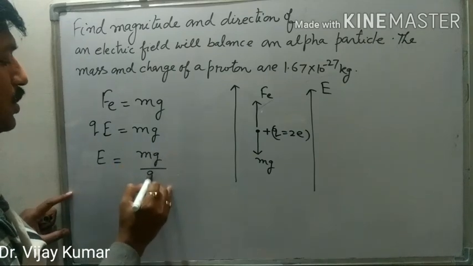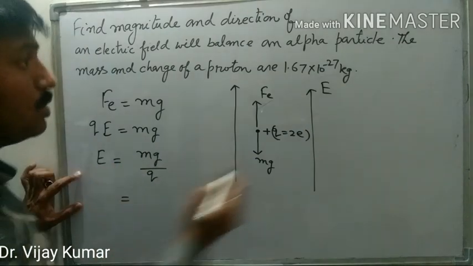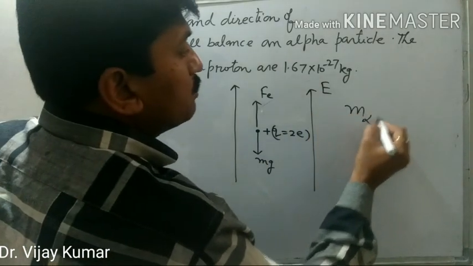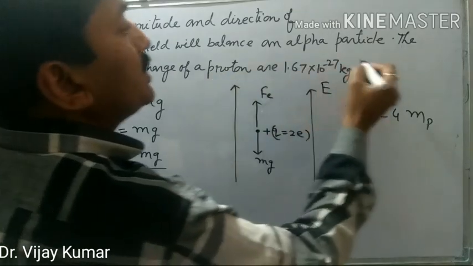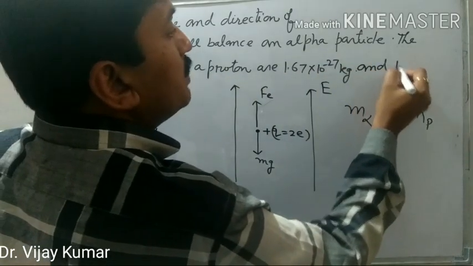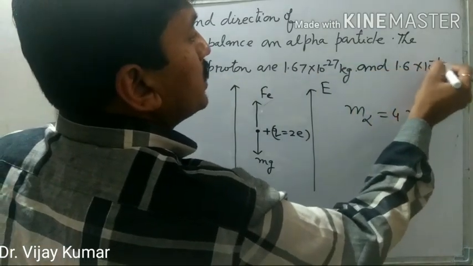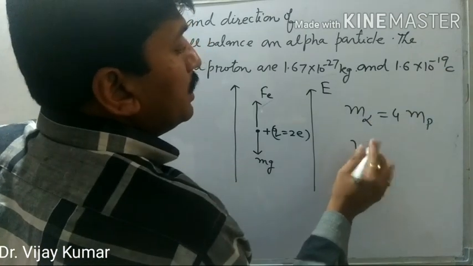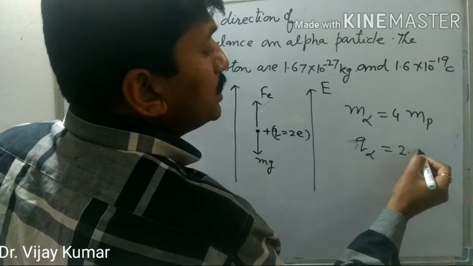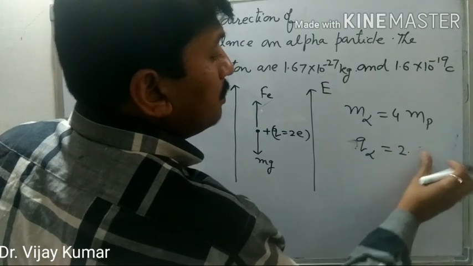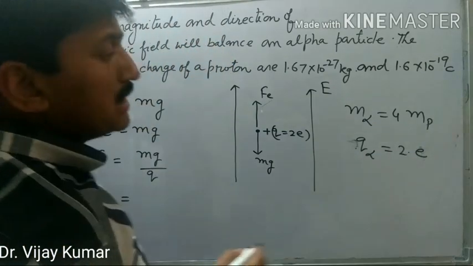E equal to mg upon Q. M, mass of alpha particle, is equal to 4 times mass of proton, and charge is 1.6 into 10 to the power minus 19 coulomb, and charge on alpha particle is twice the charge on proton, twice e.